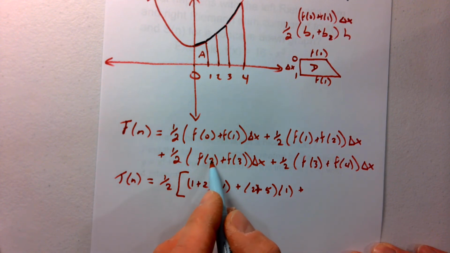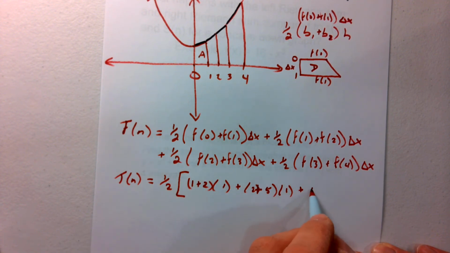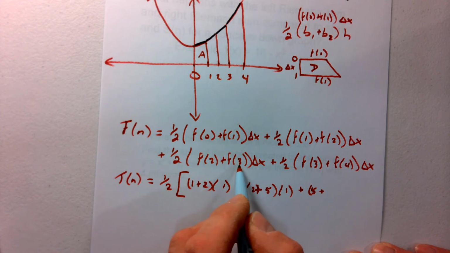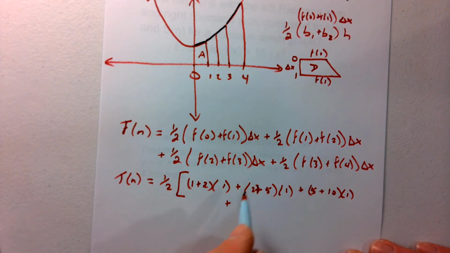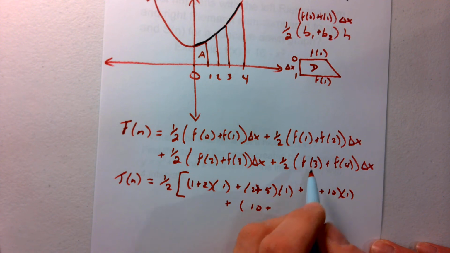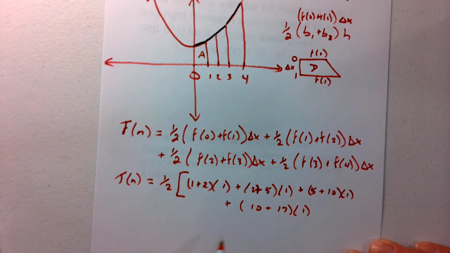And to that we're going to add f of 2, which was my 5, plus f of 3, which is 10, times your delta x, which is 1. And finally, we're going to add f of 3, which was our 10, plus f of 4, which was 17, times 1.